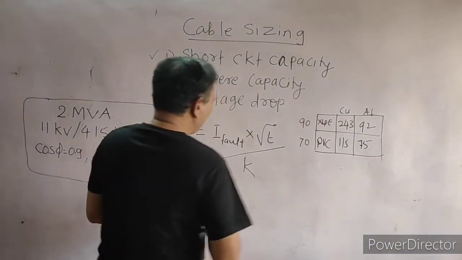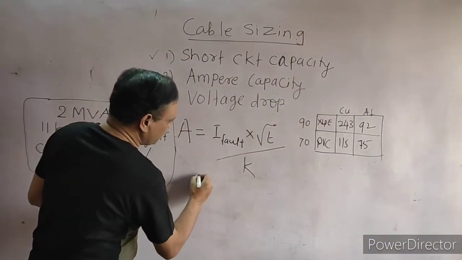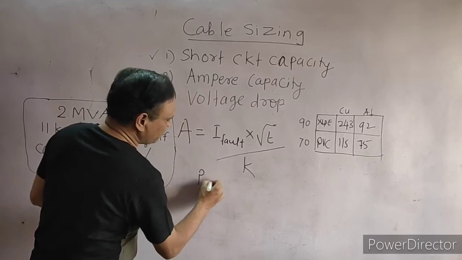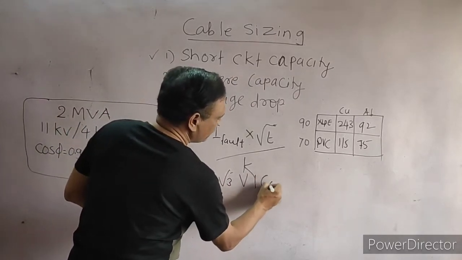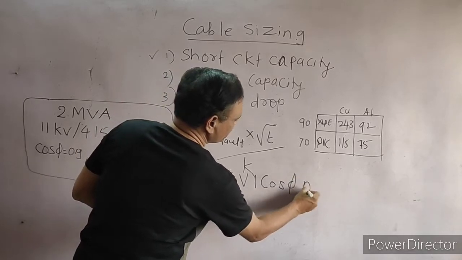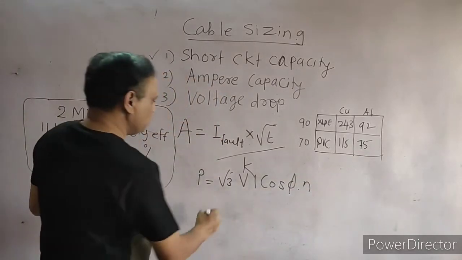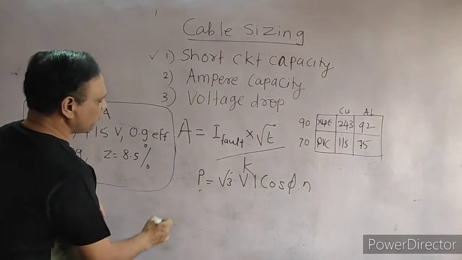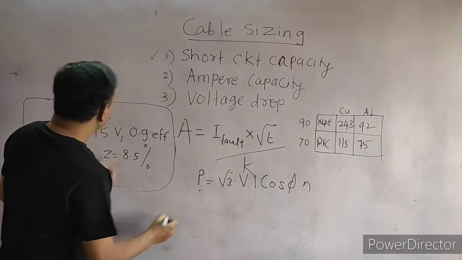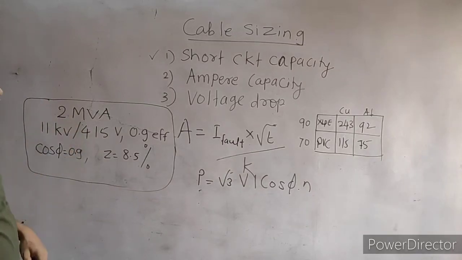Now we can calculate the full load current. So the power of the transformer can be written as root 3 VI cos phi into the efficiency of the transformer.